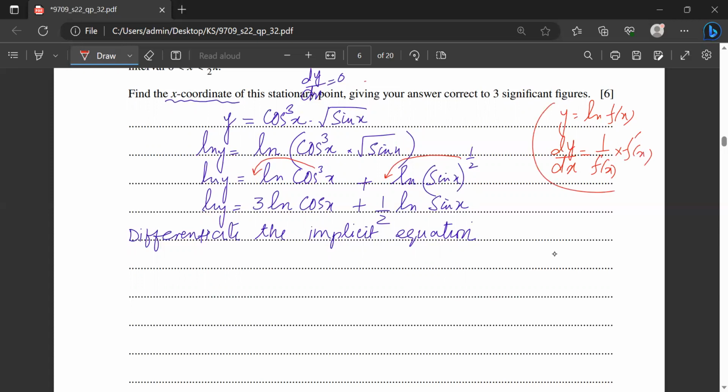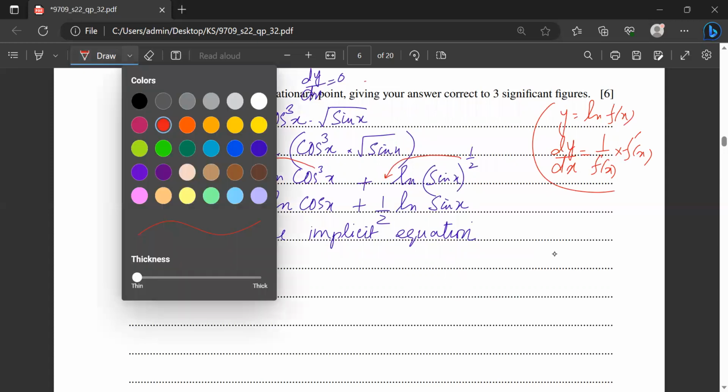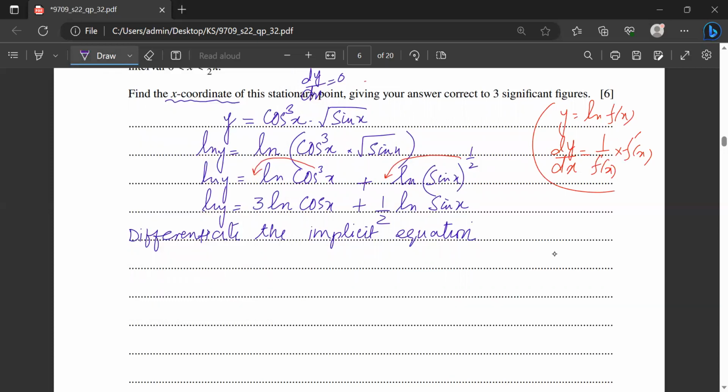This is the formula for the differentiation of natural log of any function. So the left hand side, ln y, differentiates to 1 over y, and for y the differentiation with respect to x is dy over dx. So I'm differentiating this with respect to x.